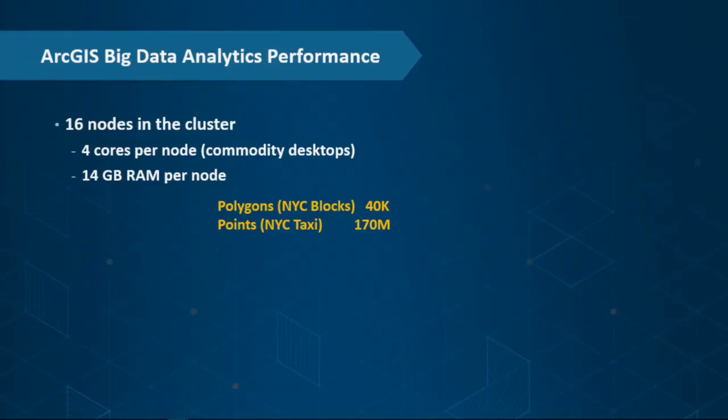These were relatively old ones, and we outfitted them each with 14 gigabytes of RAM. 14 gigs was available, and we ran with 2 test data sets. One was, again, the New York City taxicab data, which was 170 million pickup points. And then we also had a collection of polygons representing every block from Census Tiger data in the New York City area, which is 40,000 of those. There are 40,000 blocks in New York City.